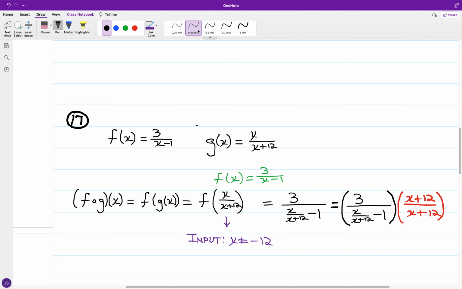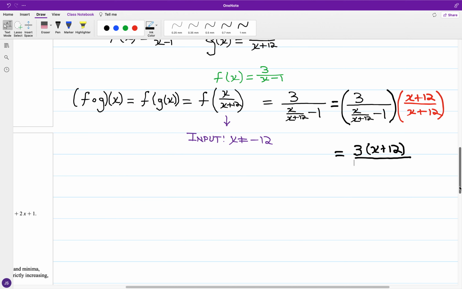Following through, we've got 3 times the quantity x plus 12 in the numerator. In the denominator, we have x over x plus 12, and if I multiply by x plus 12, the x plus 12s cancel, so the first term becomes x. Now we have minus 1 times all of x plus 12, which signals that x plus 12 is going to be subtracted.